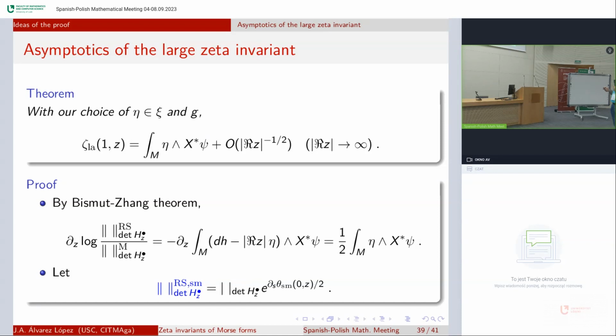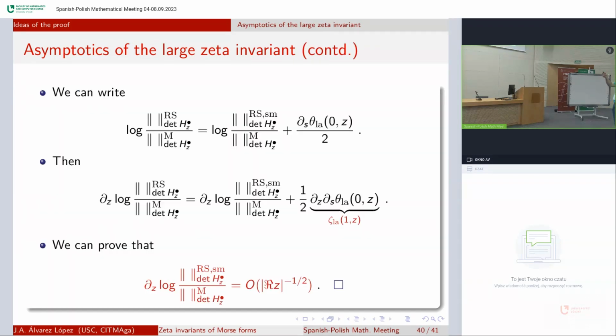We define this, and now we can write the logarithm of the quotient of the Ray-Singer norm and the Milnor norm as the logarithm of the same quotient, but taking only the small Ray-Singer norm, and then there is this expression using the derivative with respect to s of the large theta function at 0.